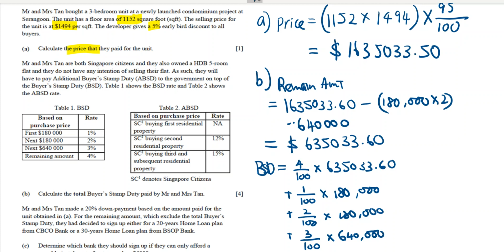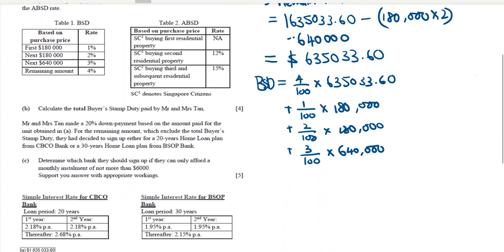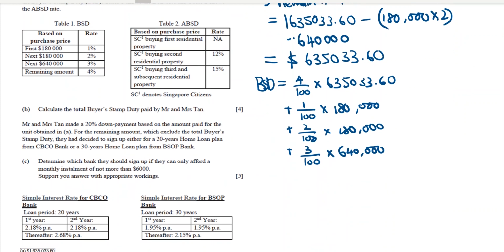So this is the BSD that he has to pay. And that's not all, because there is another ABSD, which is the additional one. Now, because this is his second property, we are looking at the 12% portion.